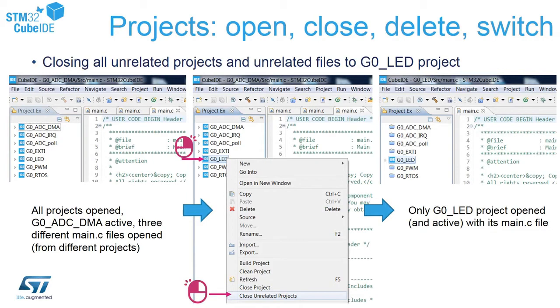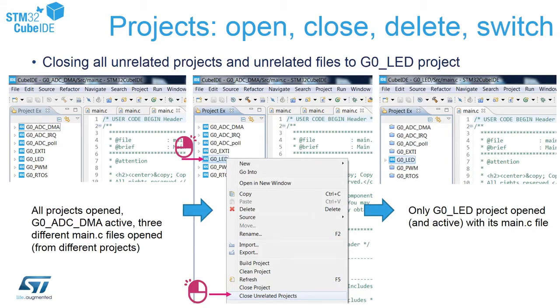Of course, only one is active, but sometimes it's quite difficult to check which main.c file is for which project. Just to make an order of it, we are selecting one project, just clicking on its name. Then we press the right mouse button and select close unrelated projects.